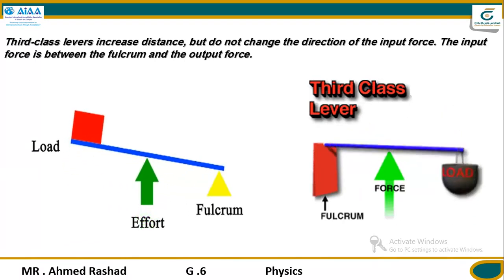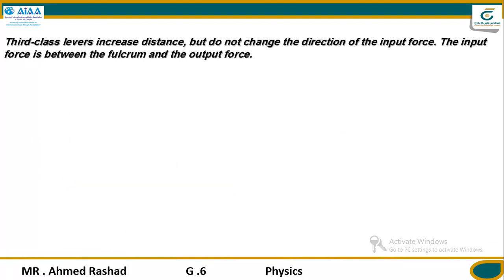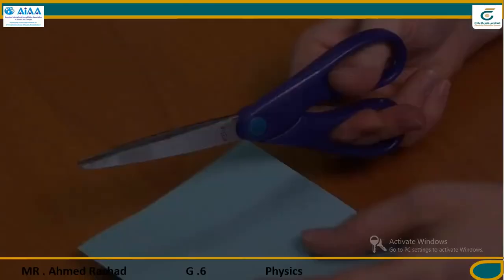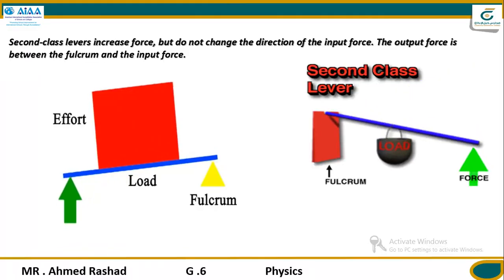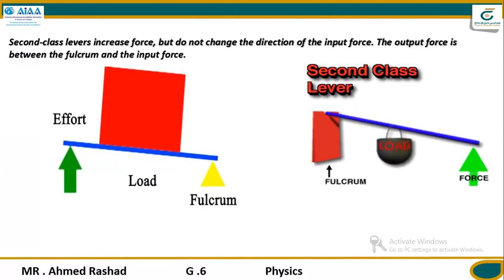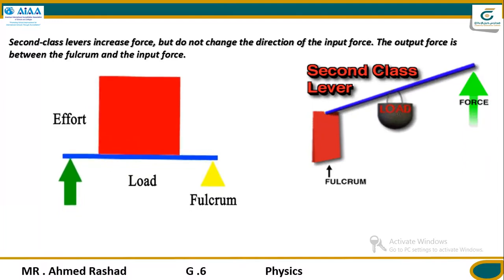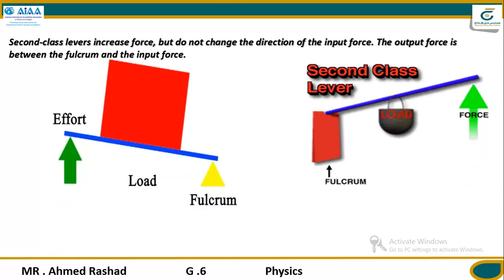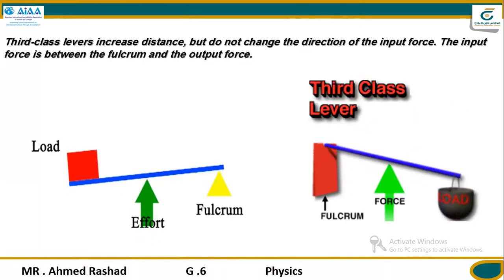Number one, the fulcrum is found in the middle between the input force and output force. Number two, the fulcrum takes place on one side, the input on another side, and the output force between them. Number three, the input force is between the fulcrum and the output force.